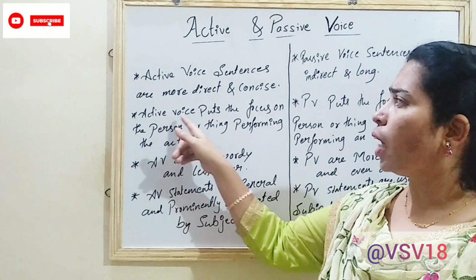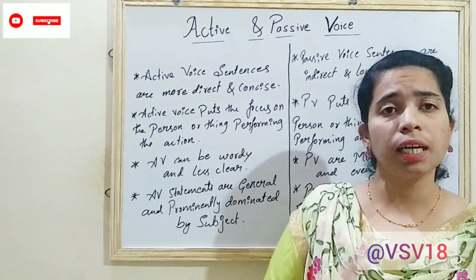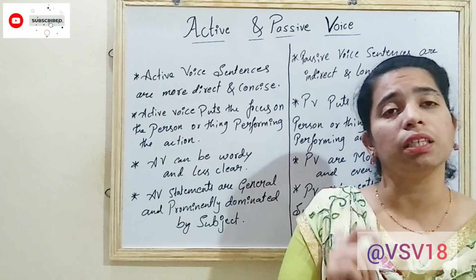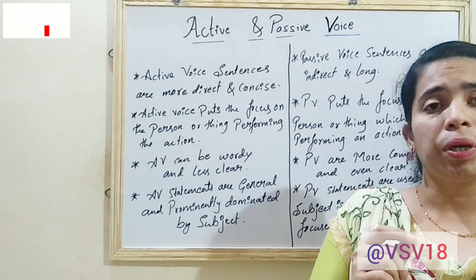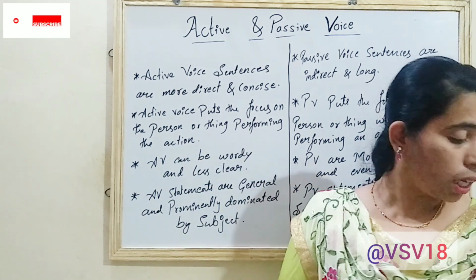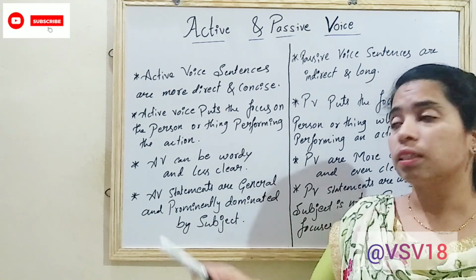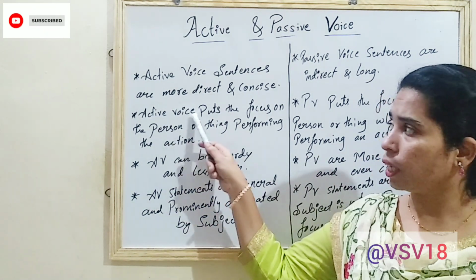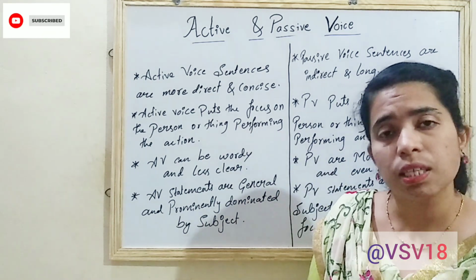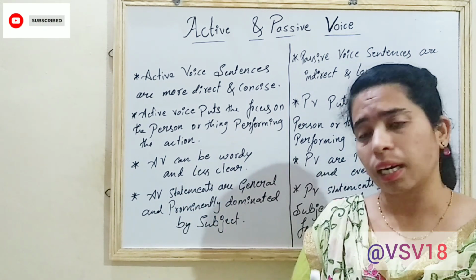Now, active voice puts the focus on the person or thing performing the action. In active voice, the subject is the major performing word. Who performs the action? When it comes to performing the task, the subject plays an important role in active voice. The object always receives the action. That is possible only in active voice.